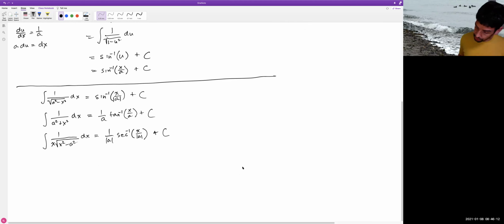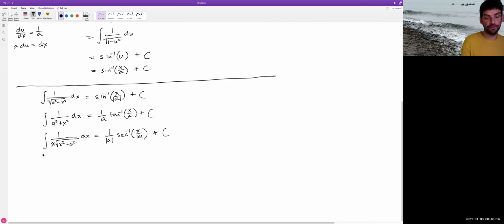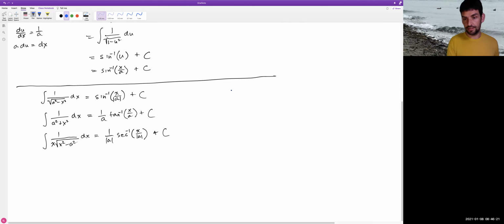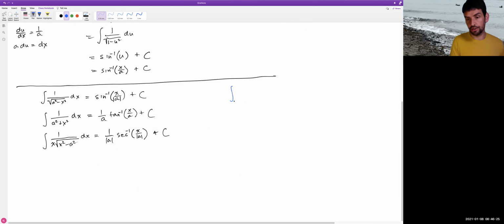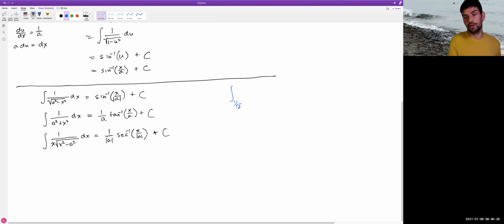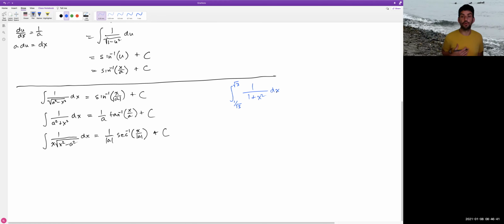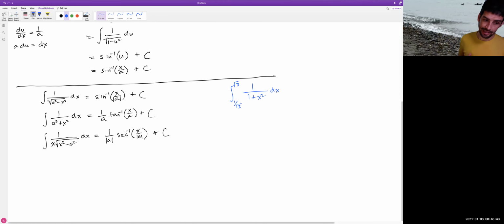Okay, so let's just do a couple of quick examples of using these rules. Let's start with a pretty straightforward one. Let's do a definite integral. Let's say I have an integral from 1 over the square root of 3 to the square root of 3 of 1 over 1 plus x squared dx.